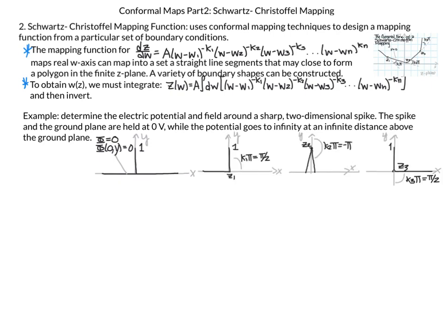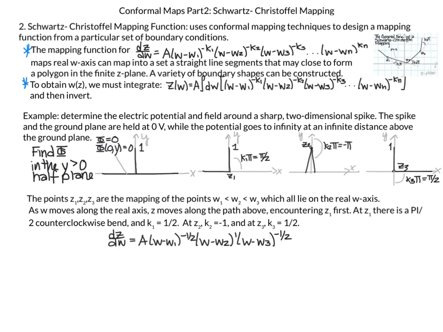I've started by breaking this spike up into a portion that comes before the spike where we are at 0. And then at the spike, I'm going to make a little peak going up. I did make this distance more than 0 just because I wanted to show it. And then I have a peak going down. And then finally, we have our flat area again where we go back to 0.